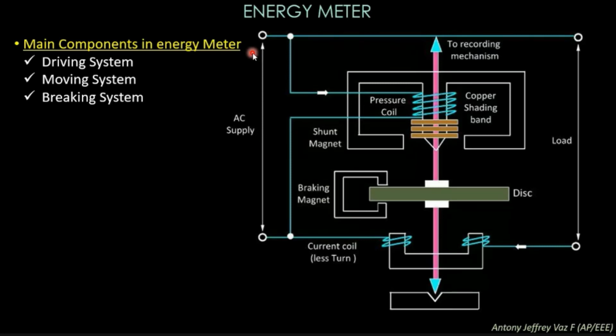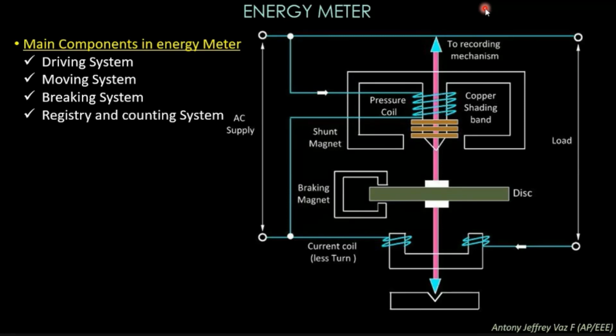Next one is the registry and counting system. At the end of the shaft, there will be a numerical register where the numbers move one by one to count the amount of units consumed by you.